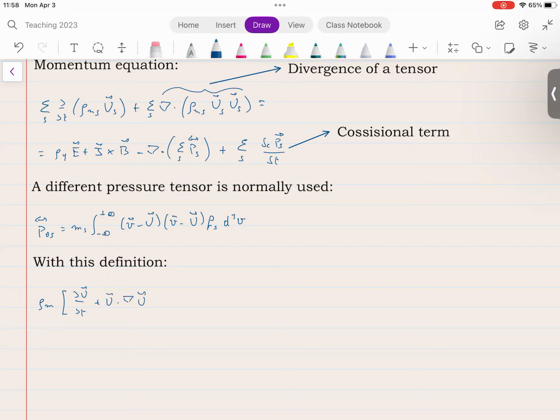Maybe more familiar. Let me emphasize what this means. Equal to charge density times the electric field plus J cross B minus the divergence of P naught.